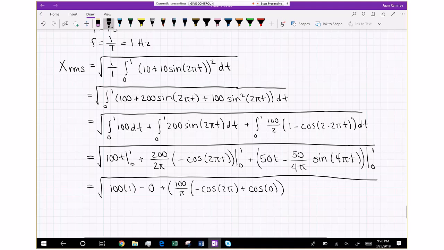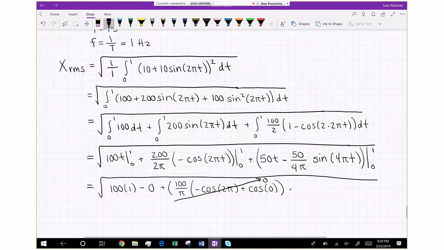Cosine of 2 pi is 1. Cosine of 0 is 1. So this whole thing approaches 100 over pi times negative 1 plus 1, so approaches 0. Right?